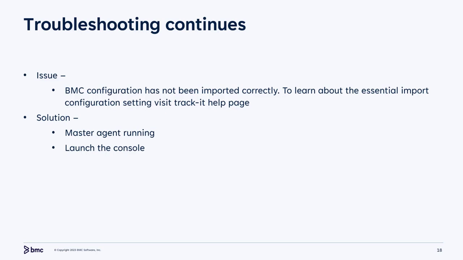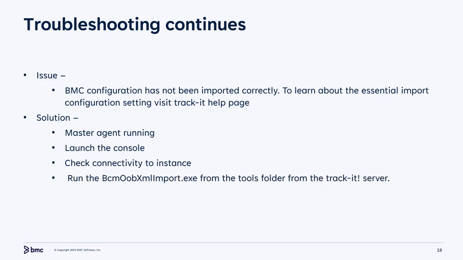You would also want to validate the connection to the BCM database instance is working fine. And you could then proceed by rerunning the utility to manually integrate BCM with Trackit and then reconfigure BMC Client Management in Trackit again and test.